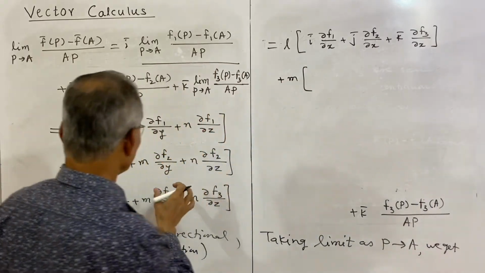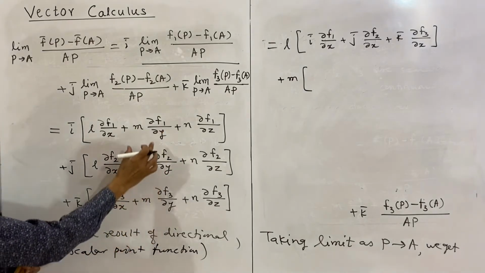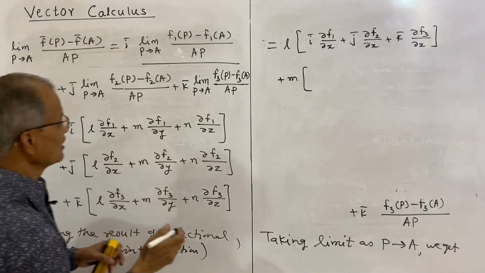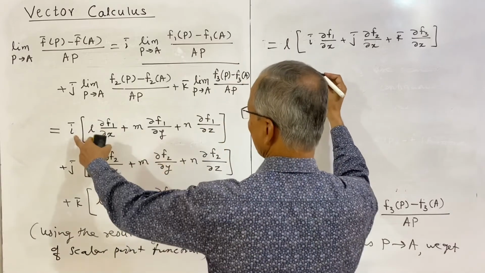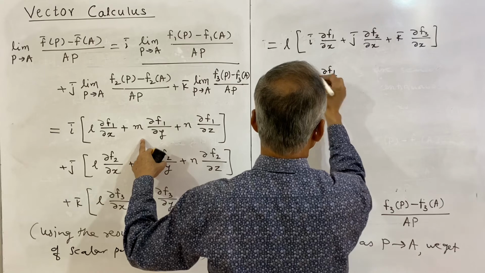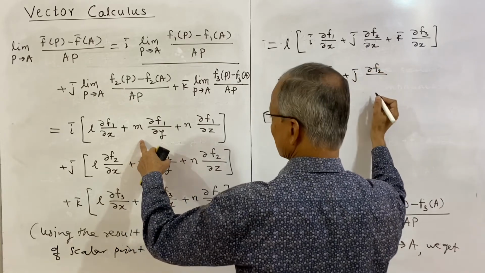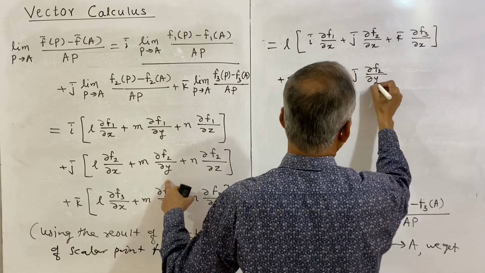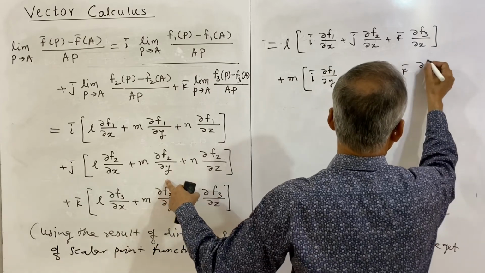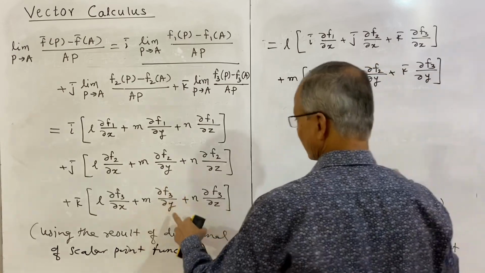Now take the second terms here, and from these second terms we take m common. So if m is common, then in bracket it remains i ∂f1/∂y plus j ∂f2/∂y plus k ∂f3/∂y.